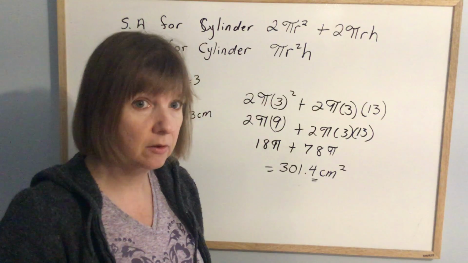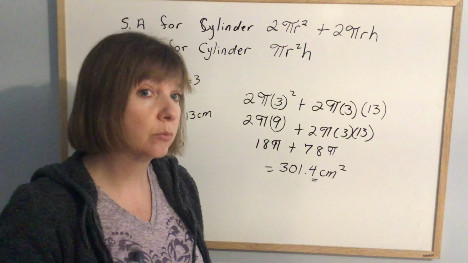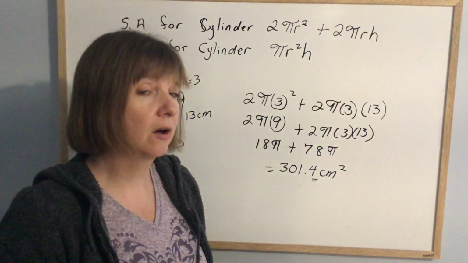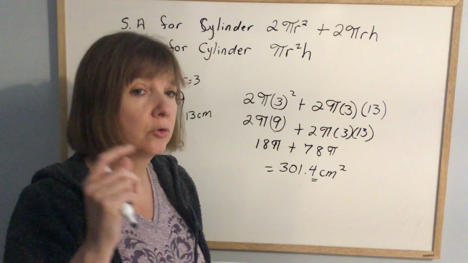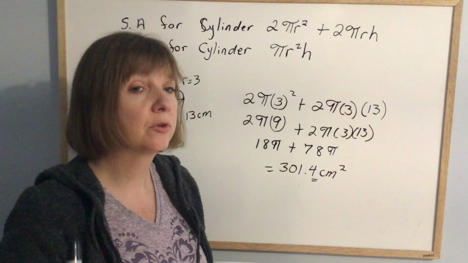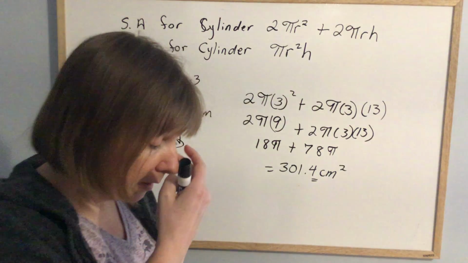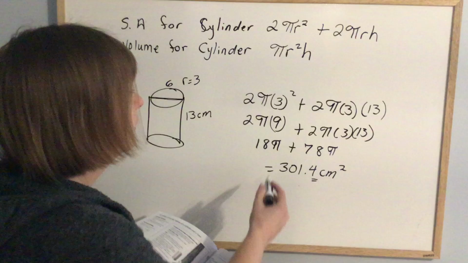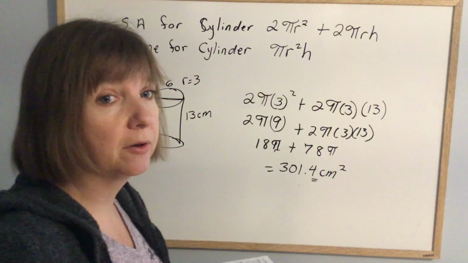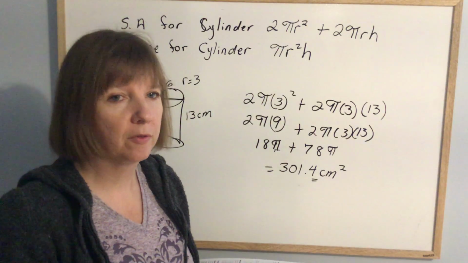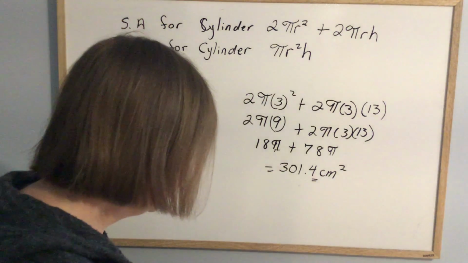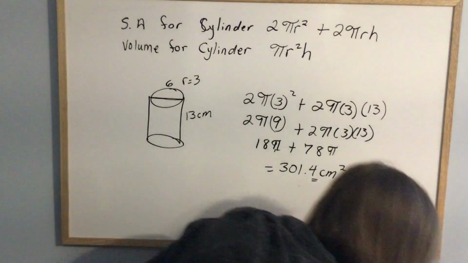You need to follow the directions. I will, on a test, take off points if you round to the wrong place or you round incorrectly. All right? And again, for pi, please use the pi button on your calculator. Do not use 3.14. That's not accurate enough. All right, so that's example 1.